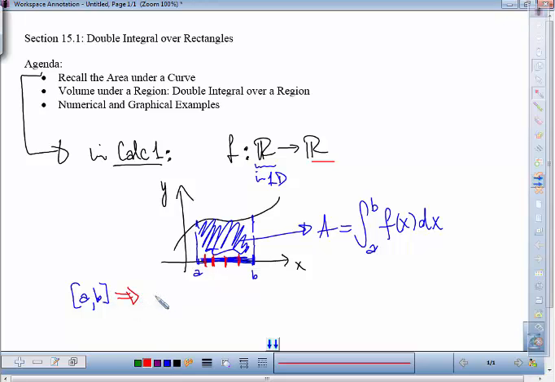So this gets partitioned to some x sub 0, which is equal to a. I guess this is how they write it: a equals x sub 0, which is less than x sub 1, which is less than x sub 2, and so on, which is less than x sub n, the last one, which will be your b.